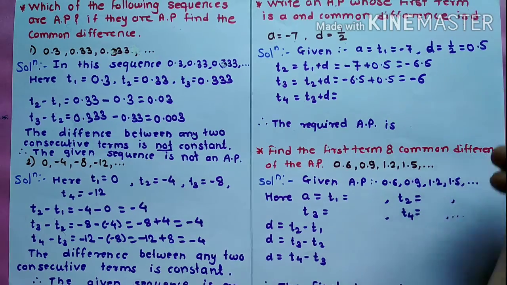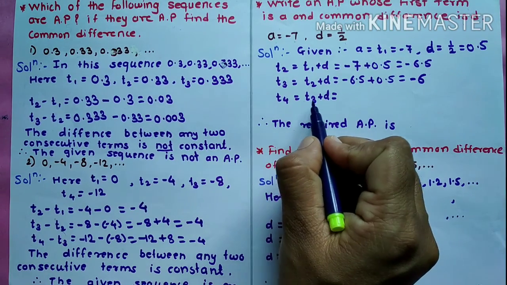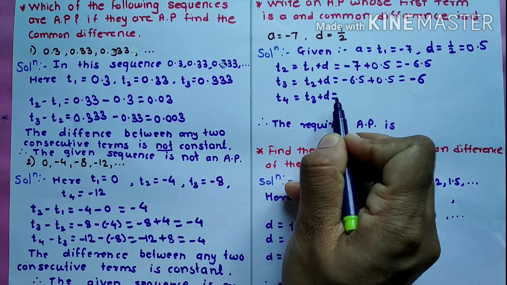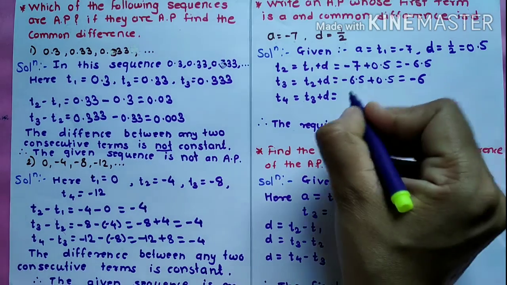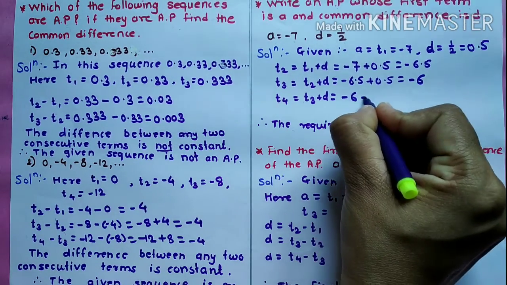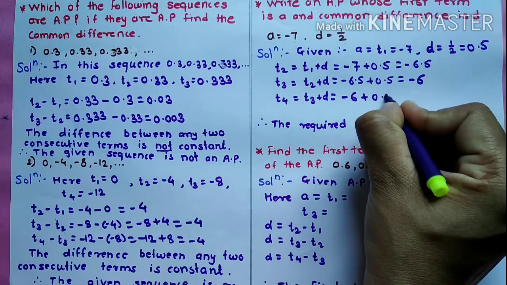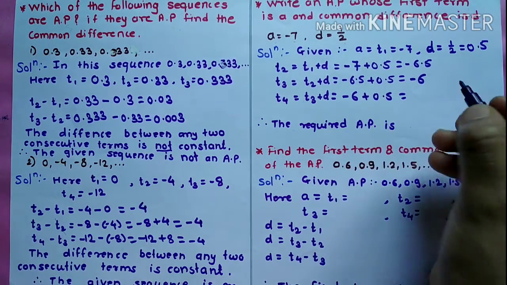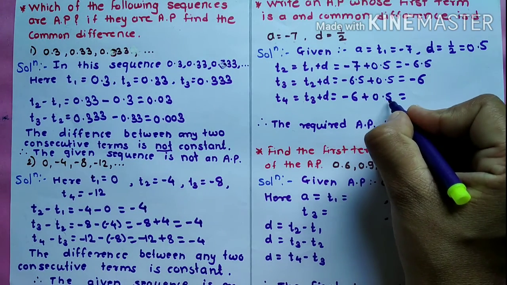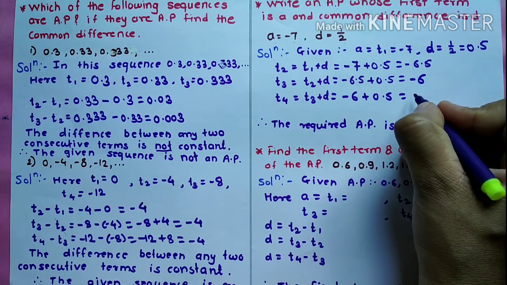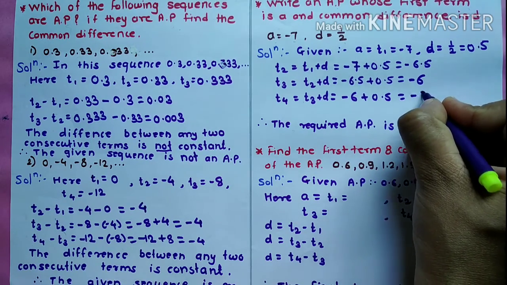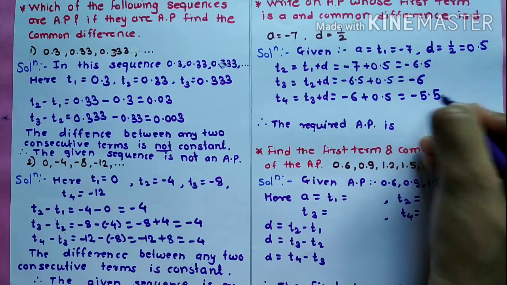Then T4. T4 is T3 plus D. T3 is -6 plus 0.5, which is -5.5.